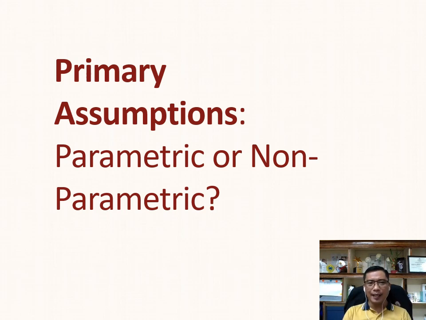It means that not at all times should parametric tests be used. So there is that concern of misuse of parametric tests. But what would be the assumptions? When should we be using parametric tests? When should we be using non-parametric tests only?